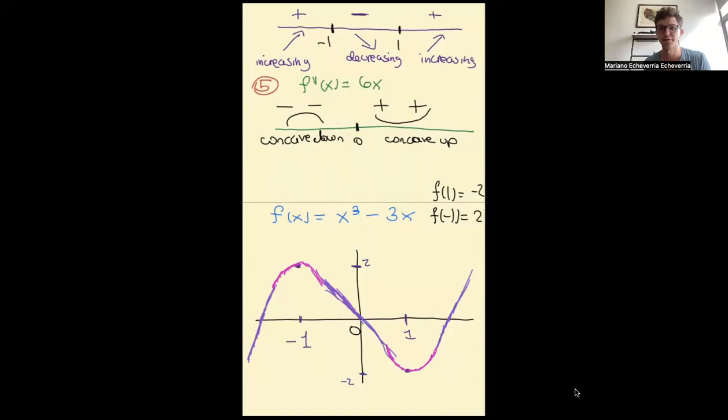So you call that an inflection point. An inflection point is just one where the concavity changes. Let me define that for you.